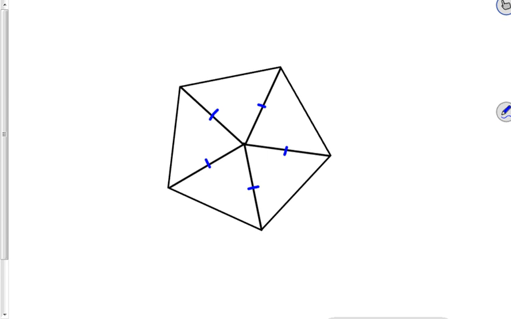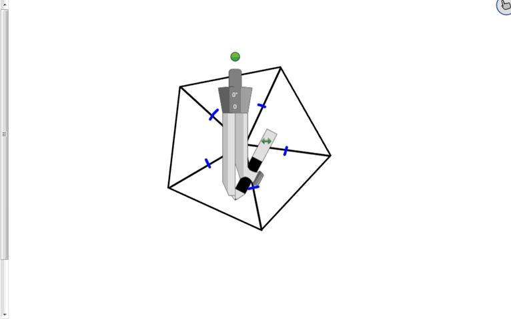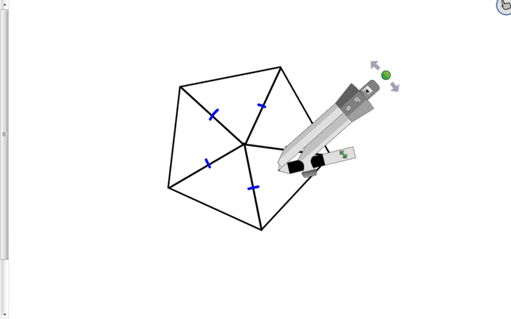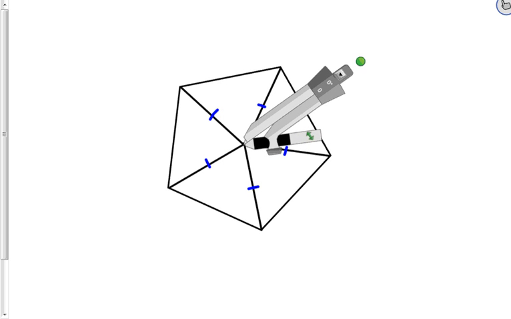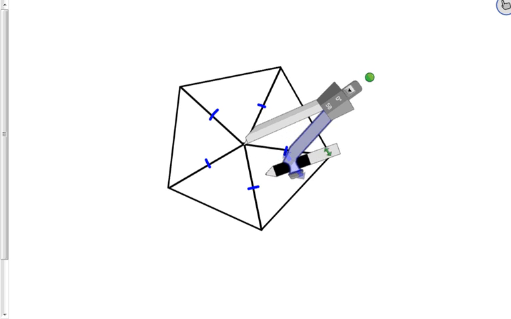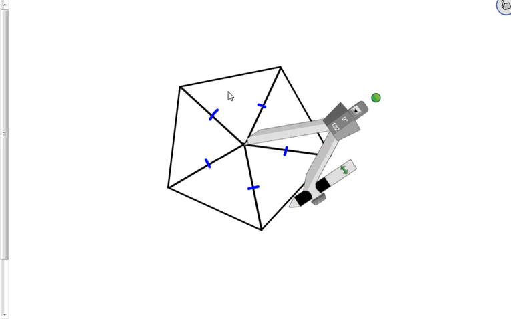So what we've now created is 5 congruent isosceles triangles, right? And that center point is actually the center of the circumscribed circle. So let's bring up our compass here, rotate it around, put it on that center, and measure out to one of the vertices.